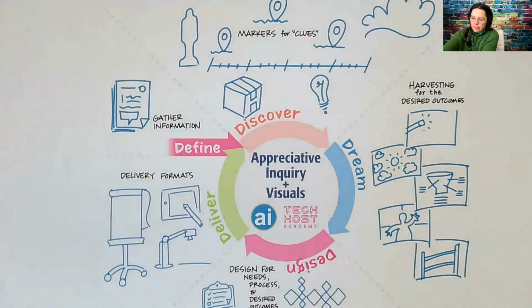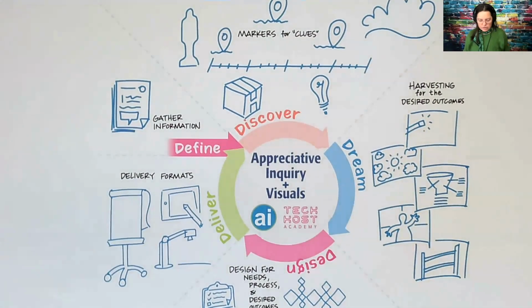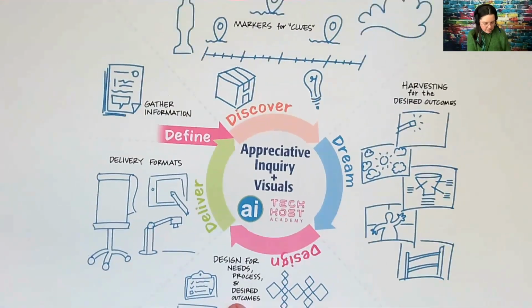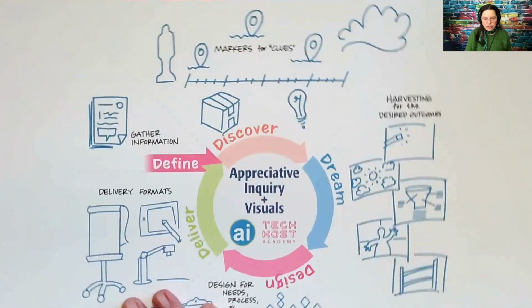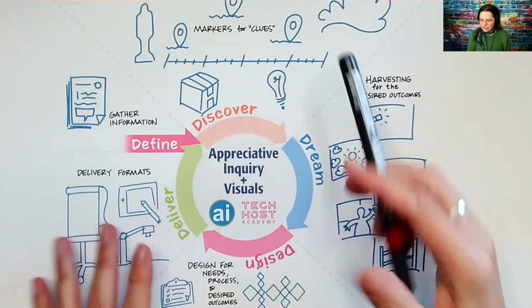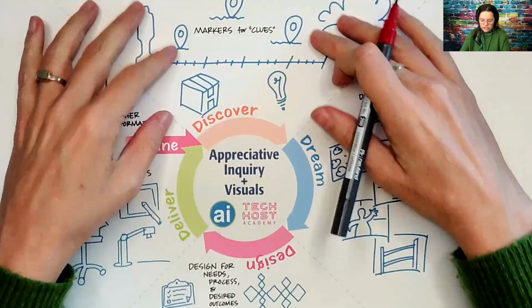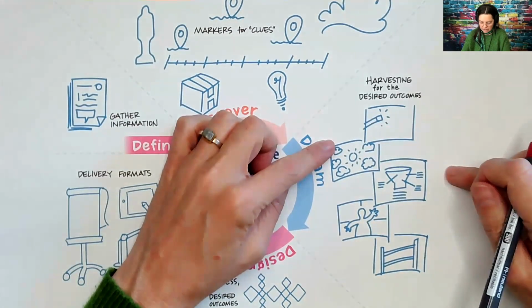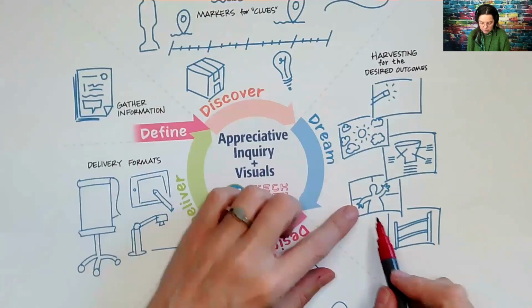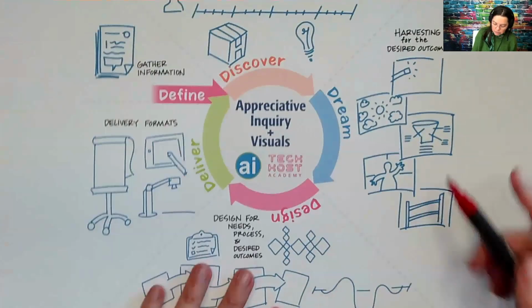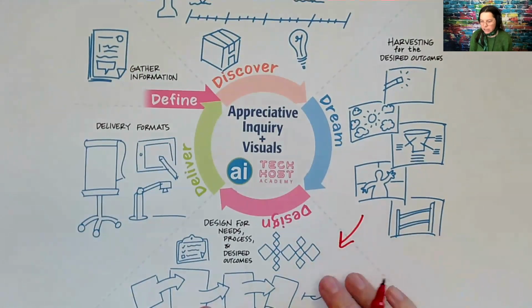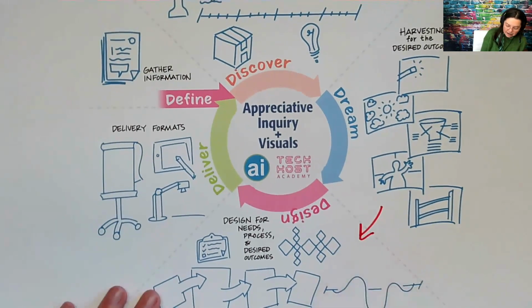So where we started in that discover phase is we just drew some icons. Then we started getting into some templates, right? Here's the needs assessment piece right here. And we need to be able to gather this information so that we can jump into the design phase.